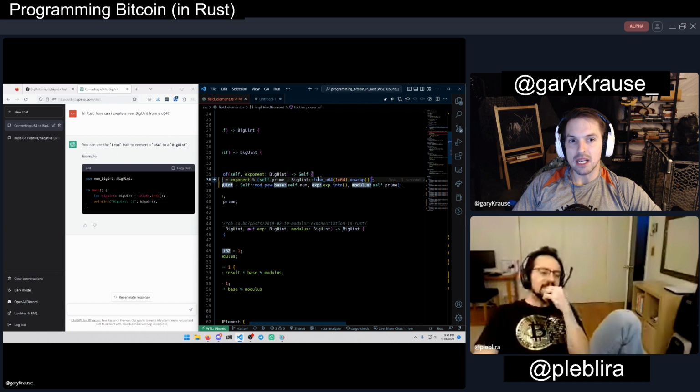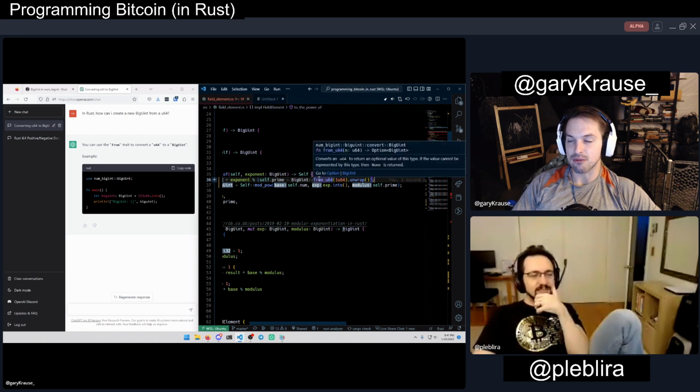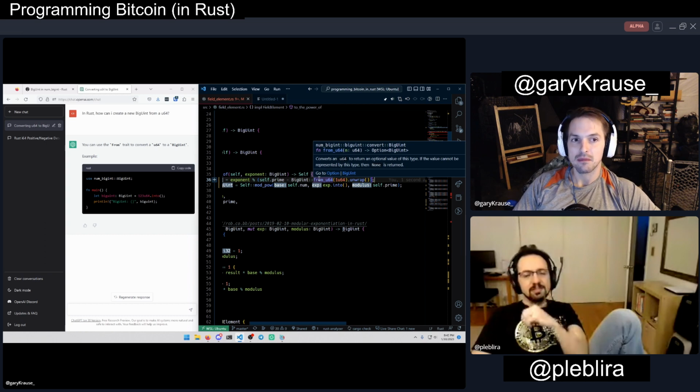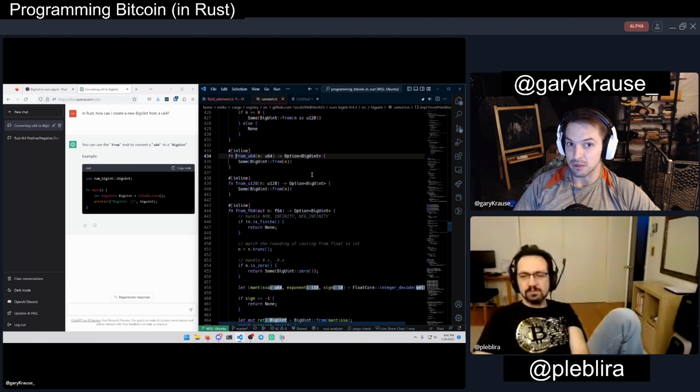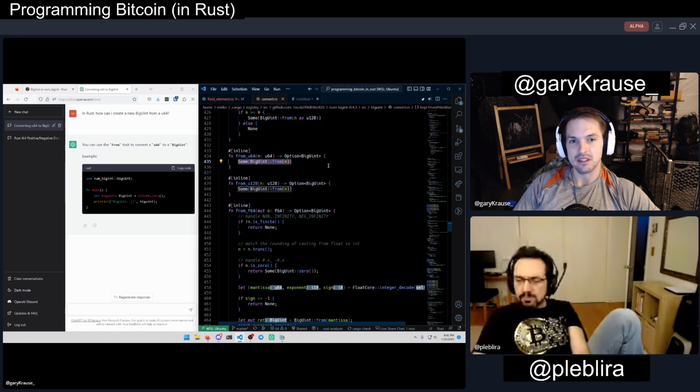What I mean is this was complaining. So this from U64 has an option. When I see an option, it means it could fail. And we can click in and see the source code of this as well. Oh, it always returns a Some. Interesting.